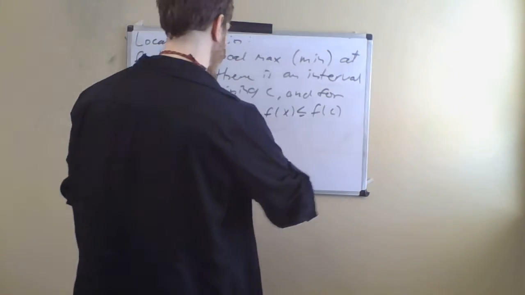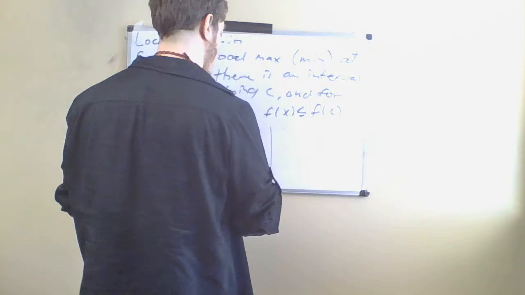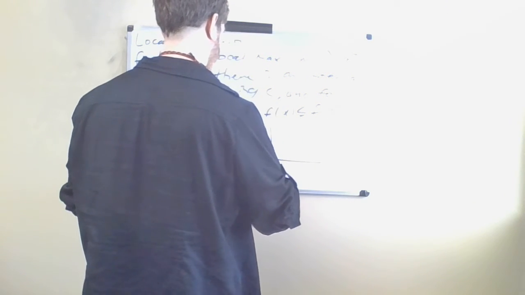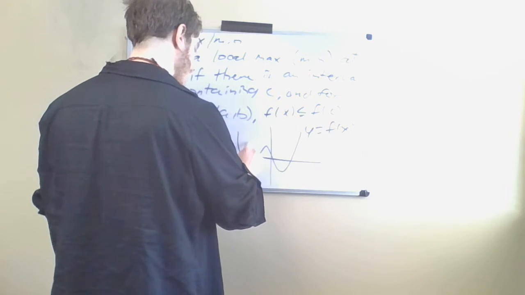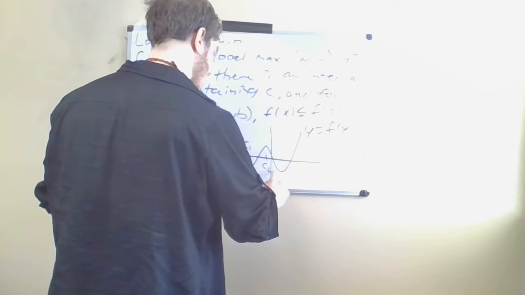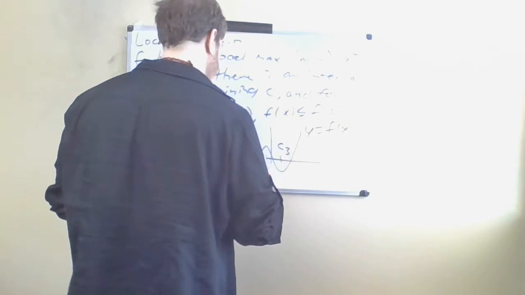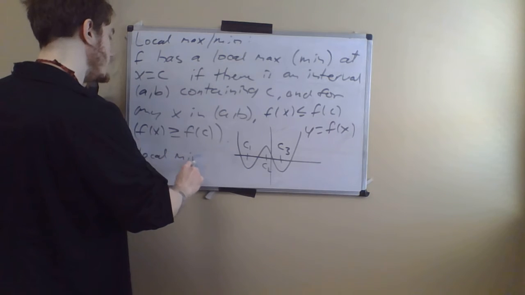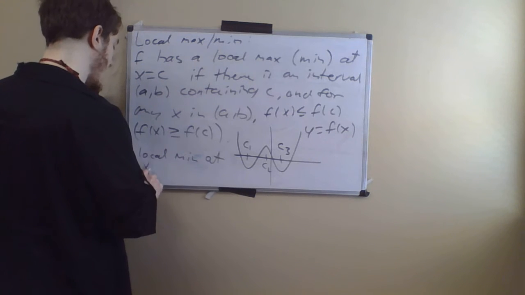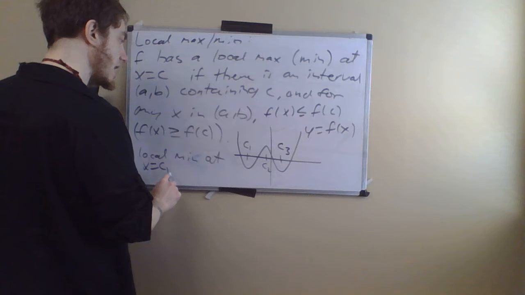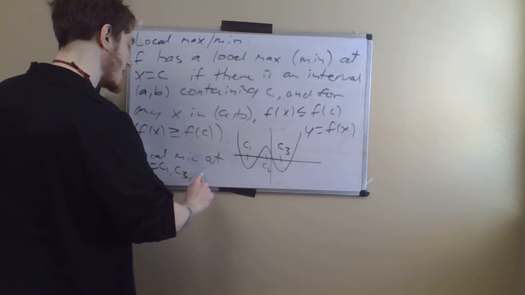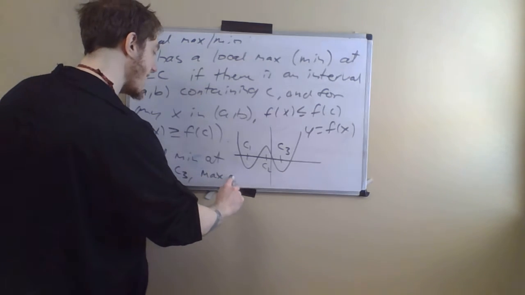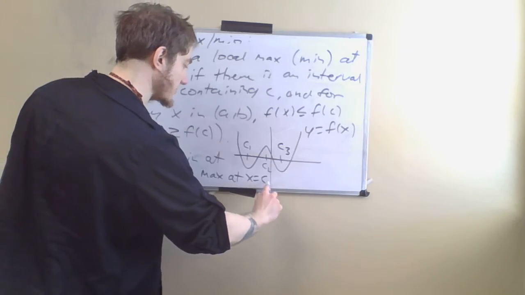For instance, if I give you this graph here, and I say this is y is equal to f of x, and let's say this is C1, C2, and C3, then this has a local minimum at x equals C1 and C3, and a local maximum at x equals C2.